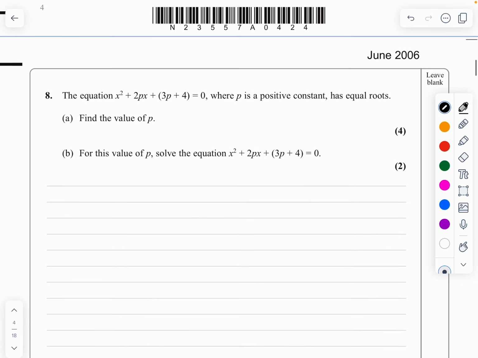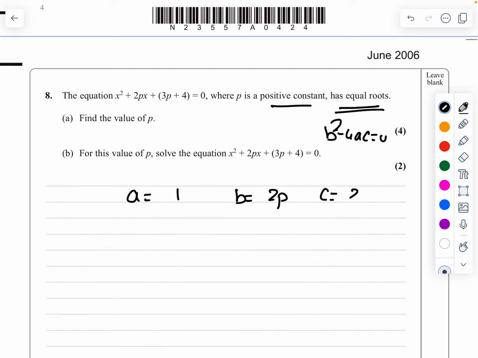Next, the equation where p is a positive constant has equal roots. Equal roots means b squared minus 4ac equals 0. So first of all, find a value, b value, and c value. Now b squared minus 4ac equals 0.